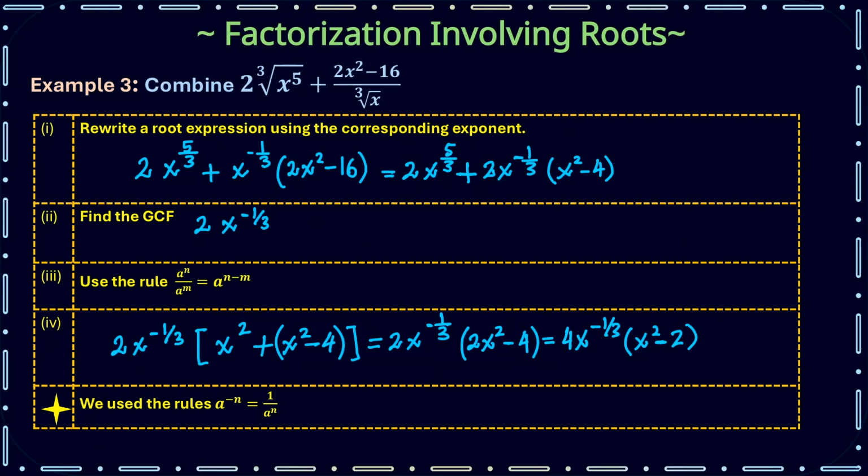So we can rewrite the final result as 4 times x squared minus 2 divided by x to the negative 1/3 goes into the denominator, and it can be rewritten as the cube root of x.